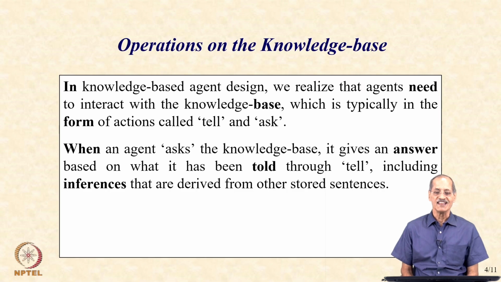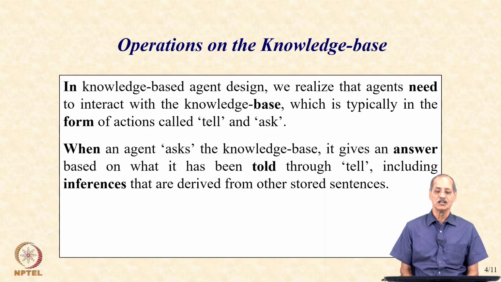When an agent asks, the knowledge base gives an answer based on what it has been told through tell, including inferences that are derived from other stored sentences. So, there are a large number of stored sentences, and through a reasoning process you could draw some inferences, and those inferences could also be stored as sentences.